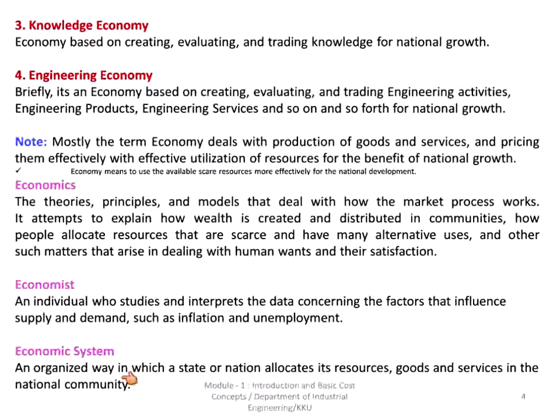National community is nothing but the citizens of the country. So, say for example, Saudi Arabia is very good in that. Compared to other countries, this is better, where the government is very much organized in serving the society. It's clear. Yeah, so this has a good economic system, right?